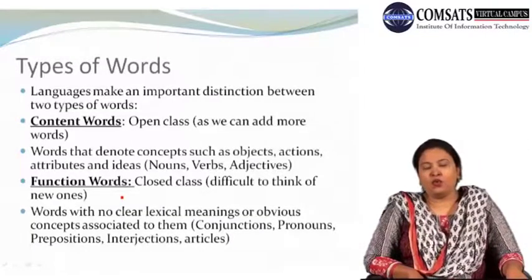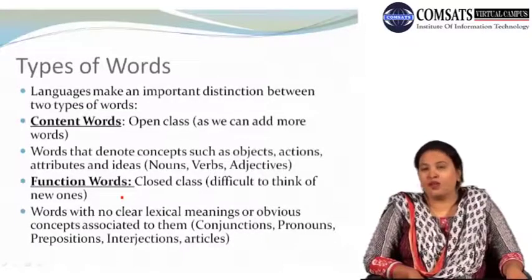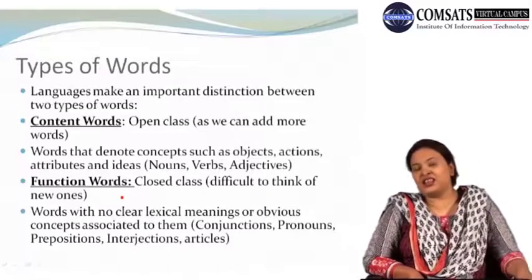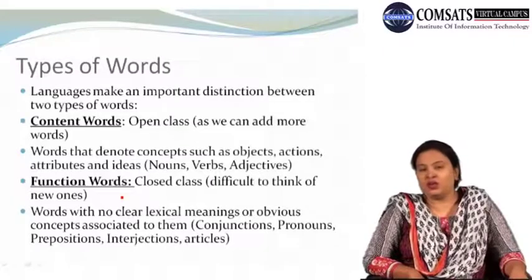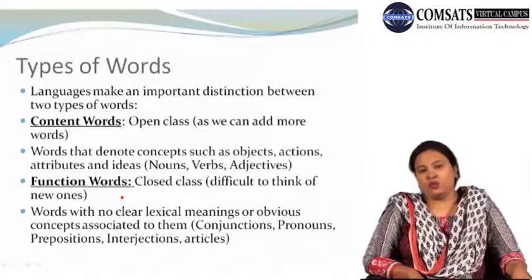The concepts of objects are called nouns, concepts of actions are called verbs, concepts of attributes are adjectives, and concepts of ideas are again nouns, abstract nouns. So the content words are the classes of nouns, verbs, and adjectives. Similarly, there are function words.